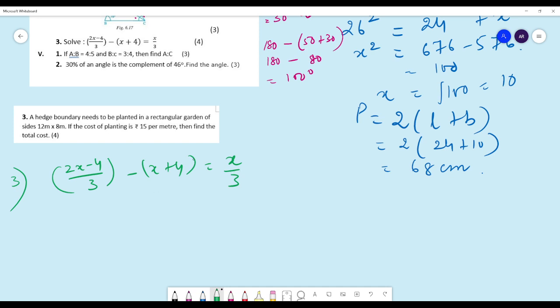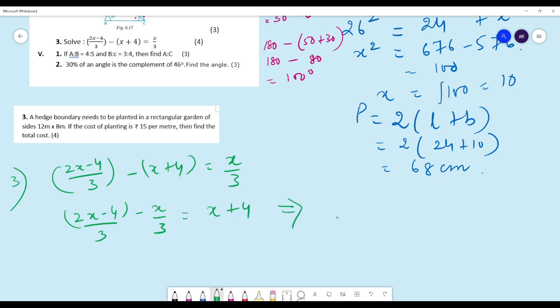What you can do is you can bring the 3 denominators to this side. I think that would be the easiest to do. So by 3 minus x by 3. Remember, this is plus over here, so this becomes minus. And when this is moving to this side, this becomes plus, equals to x plus 4. So what does it imply over here?